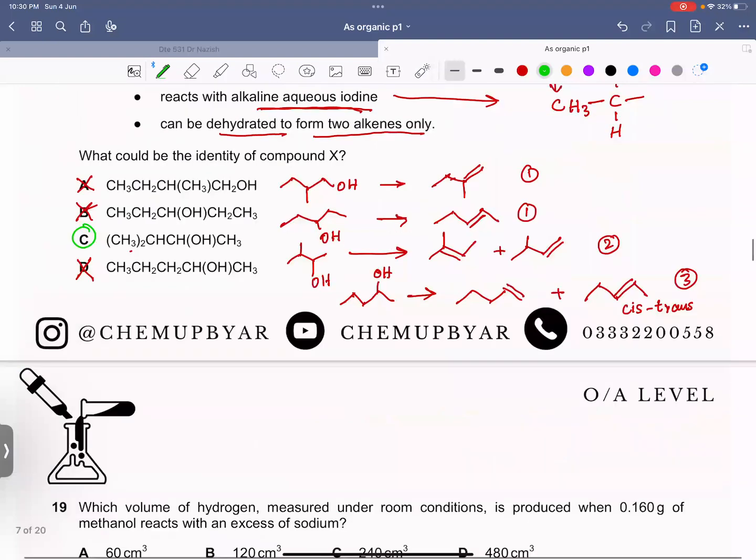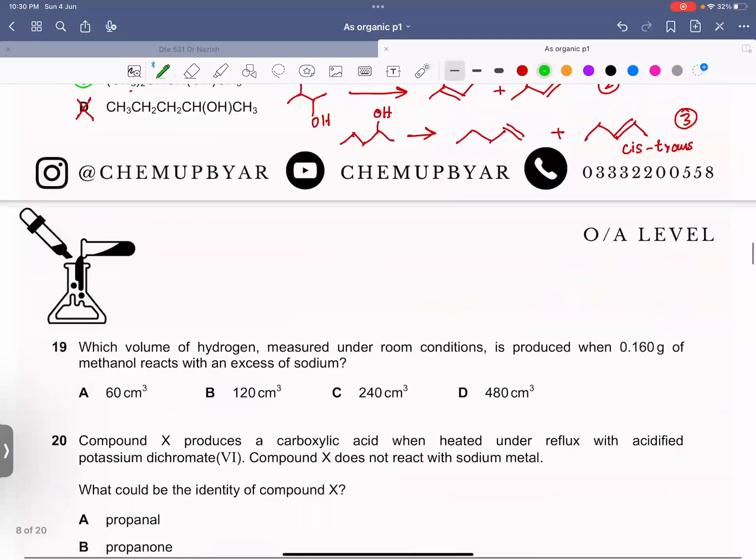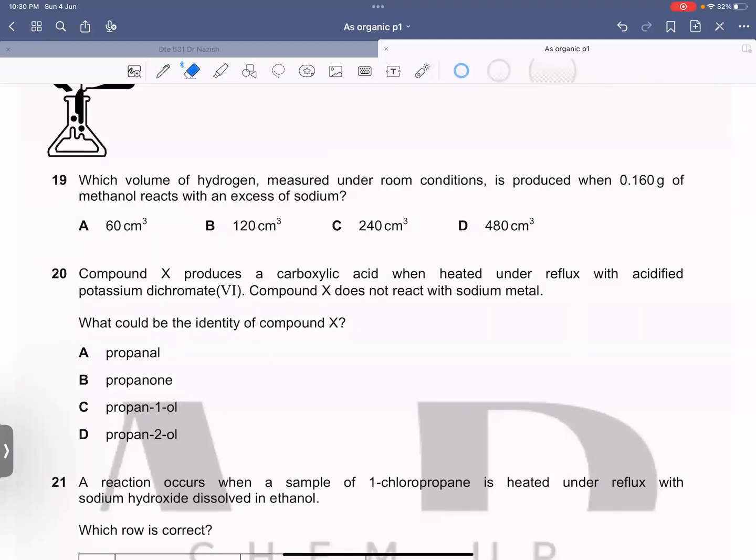Okay. Now question number 19. Which volume of hydrogen, measured under room conditions, is produced when 0.160 gram of methanol reacts with an excess of sodium?